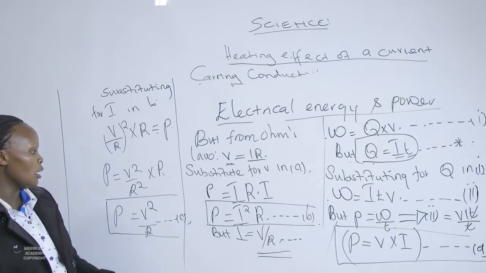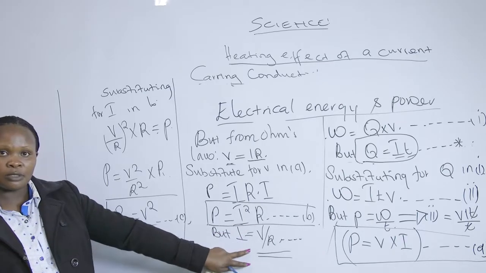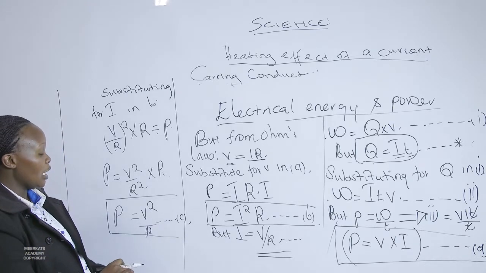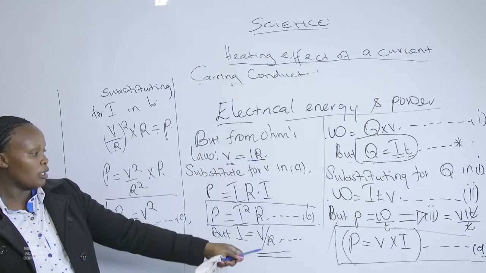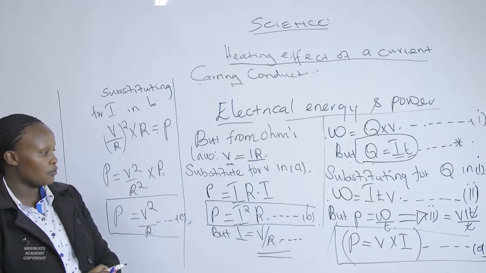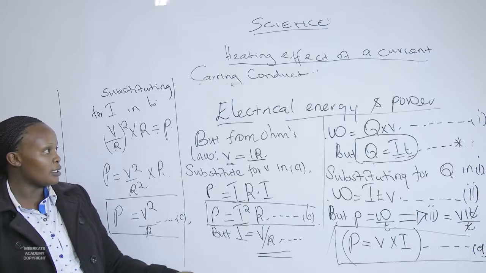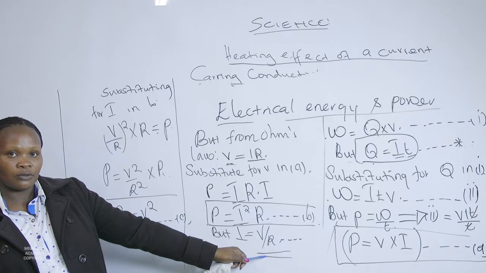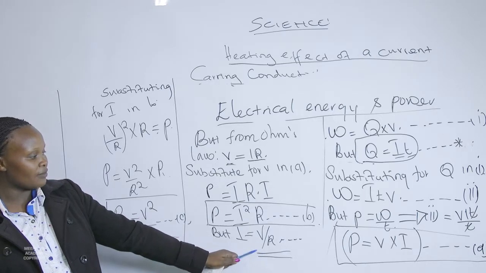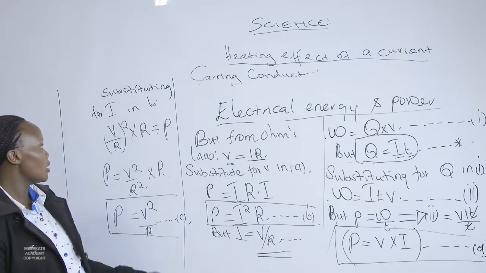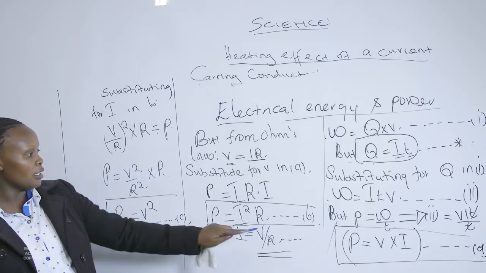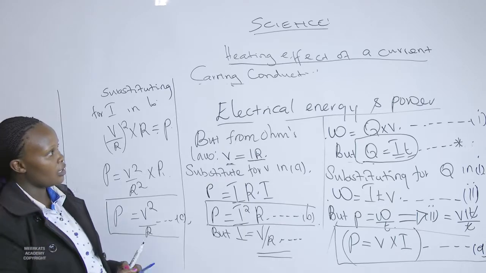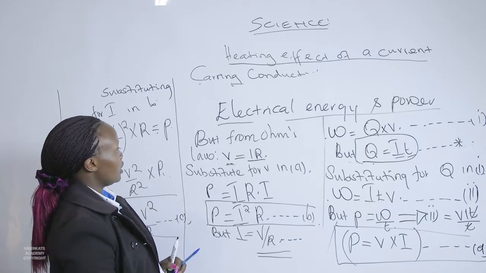Now the final one will be given by substituting for I from Ohm's law. You can make I the subject of the formula, and from that you can come up with a value of I as a function of voltage and resistance, and you can put it in your equation B, so that you can come up with the third expression.